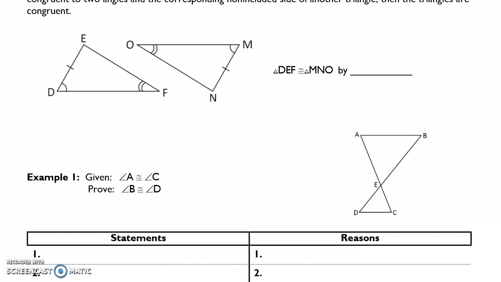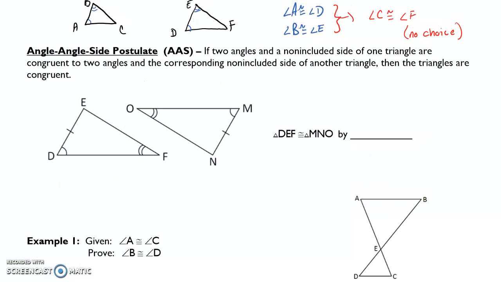The next one we need to learn is called angle, angle, side congruence. And this states that if two angles and a non-included side are congruent, then the triangles are congruent. So in this particular diagram, we have that angle D is congruent to angle M. That's given through the marks on the diagram.